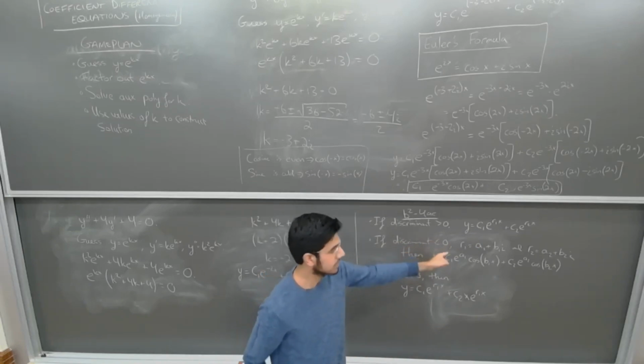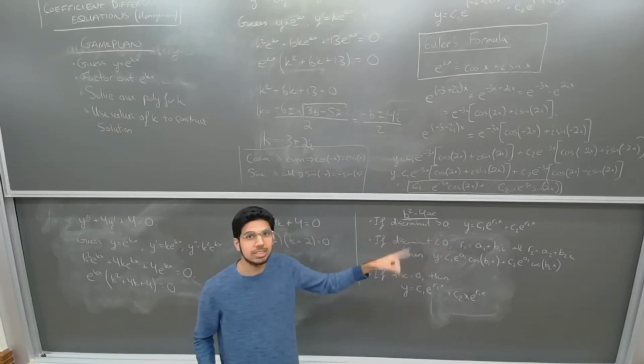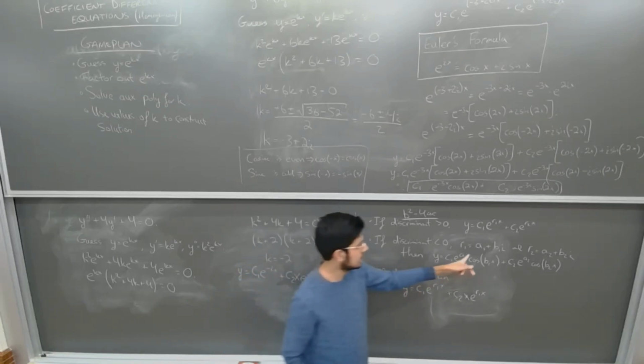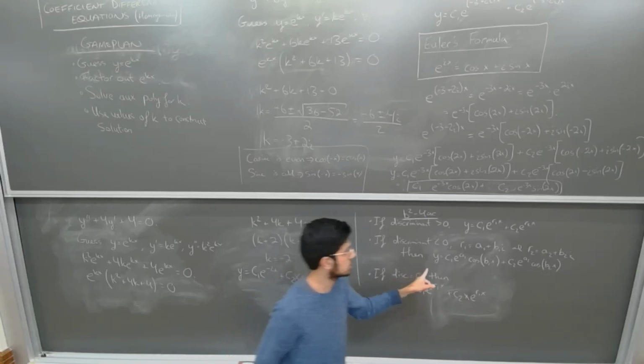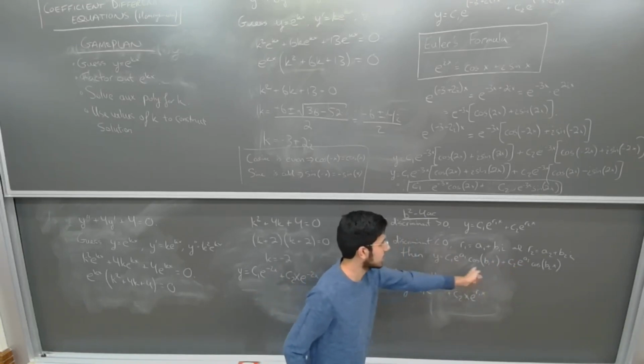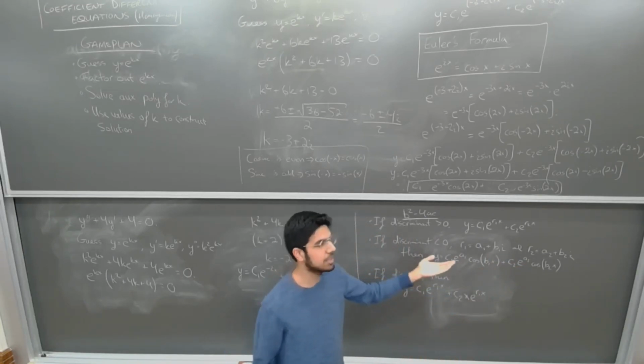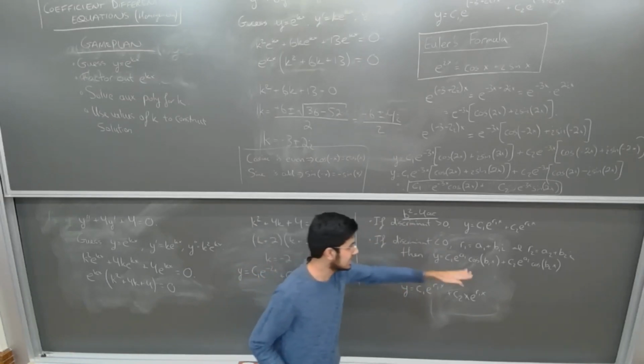If the discriminant is less than 0, you're going to have two distinct imaginary solutions, written a1 plus b1i and a2 plus b2i. Then your solution is that. You can just plug in your values there, and that can be a good way of checking your work. Like, this is your answer.